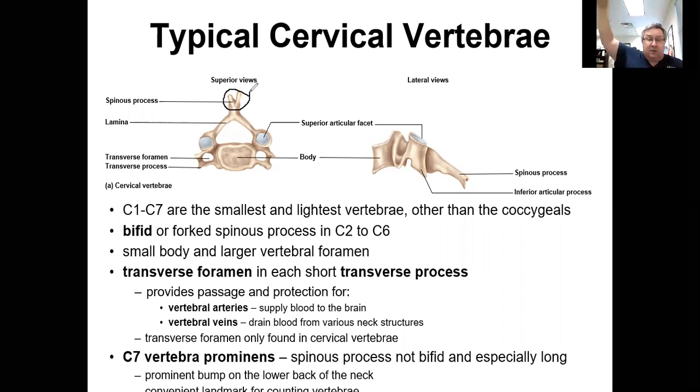It's because the spinous process at C7 can actually be felt and palpated quite easily. So please know that C7 is known as vertebra prominence. It's a prominent bump in the cervical area, and it gives us a convenient landmark for counting where we are in the vertebra.